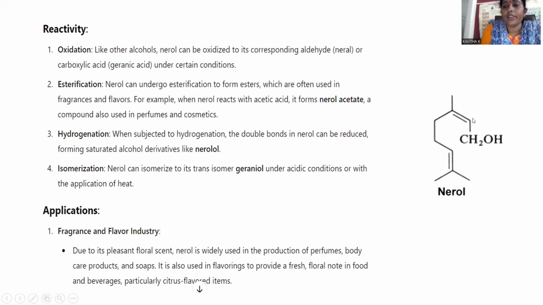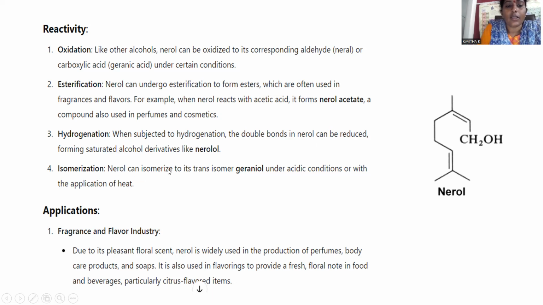Hydrogenation. Whenever hydrogen is added, what happens? The double bond gets saturated. Here is one double bond, here another double bond, and they will be converted into saturated ones. When subjected to hydrogenation, the double bonds of nerol can be reduced, forming a saturated alcohol derived from nerol. Whenever these double bonds are removed, what happens? Tetrahydronerol is the name for this saturated compound.